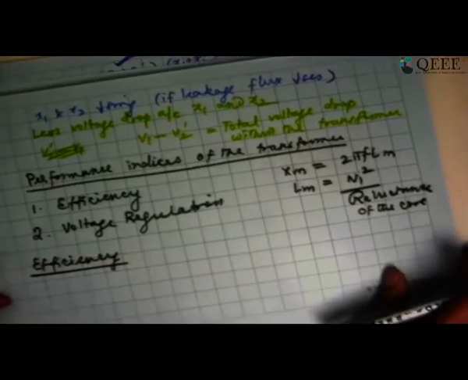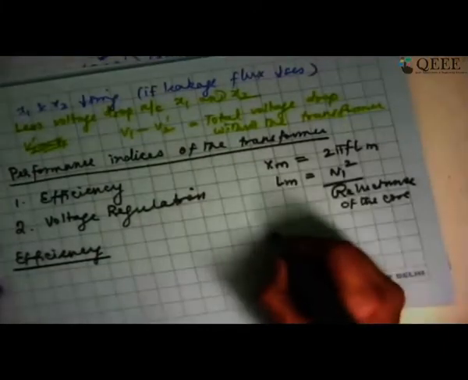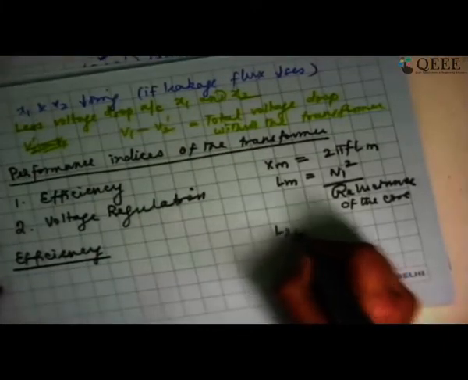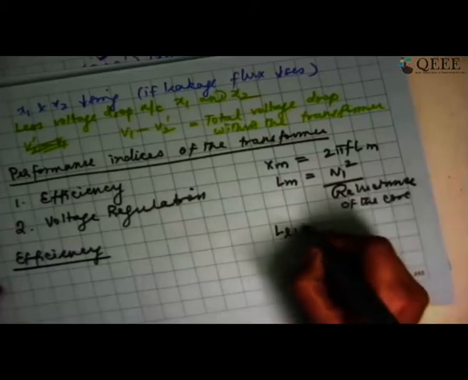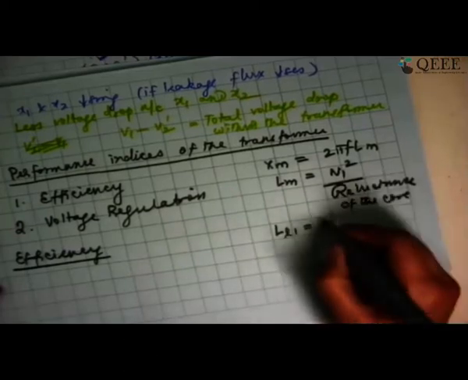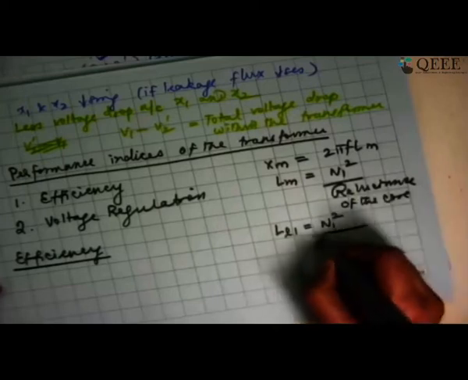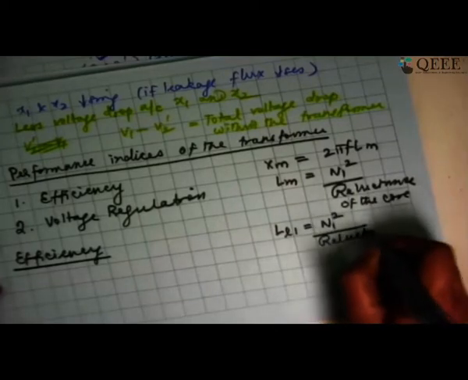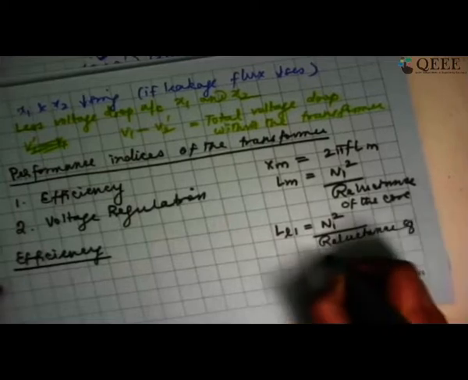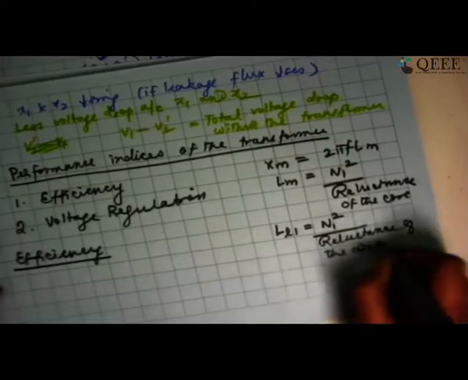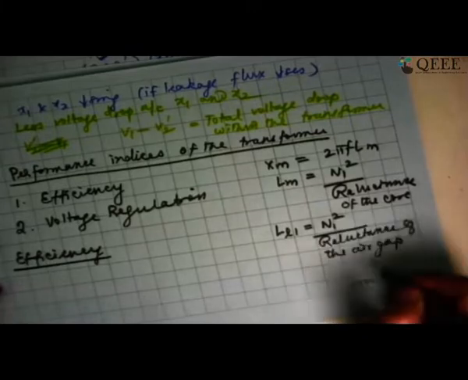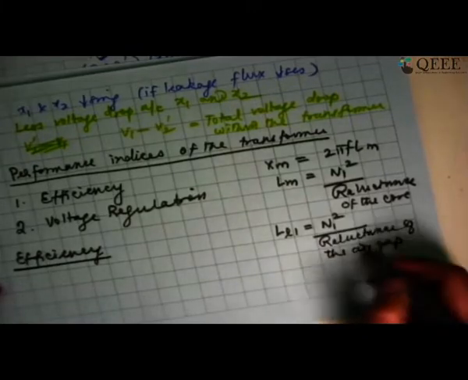And if I look at L1, which is the leakage inductance of the primary winding, it will be N1 square divided by the reluctance of the air gap. Air gap is actually whatever is your window length and thickness, that is what is going to contribute towards this.